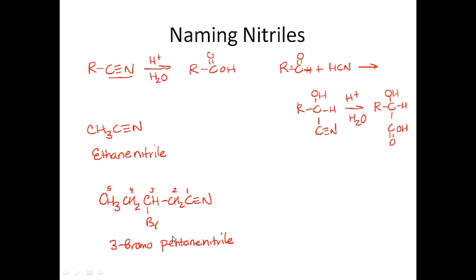Okay. Now, if you were going to name this molecule up here according to its common name, what you would do is take this part and say, okay, that 2-carbon, since this is a carboxylic acid derivative, that would be acetic for acetic acid.